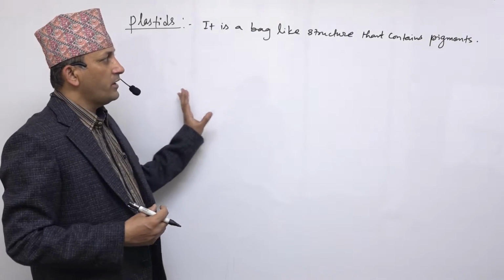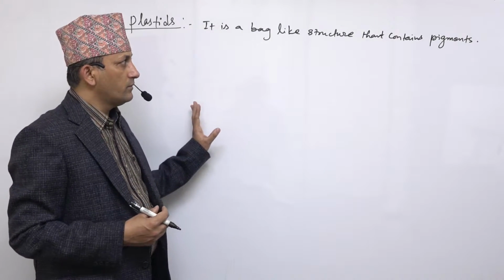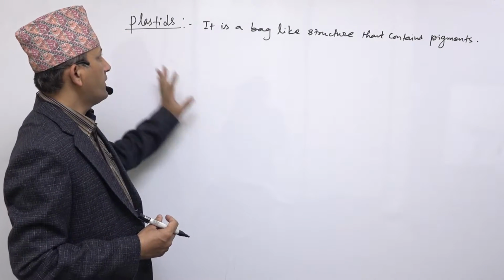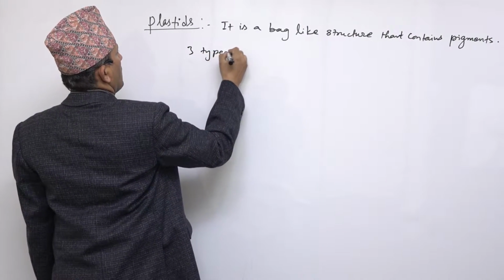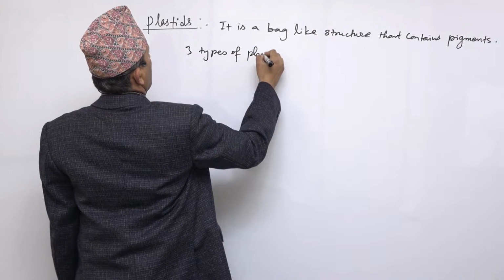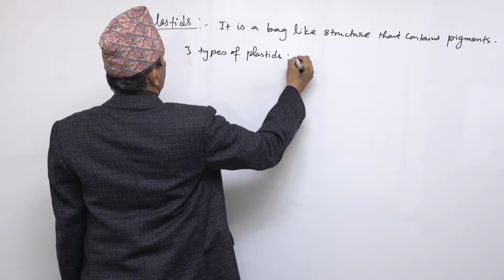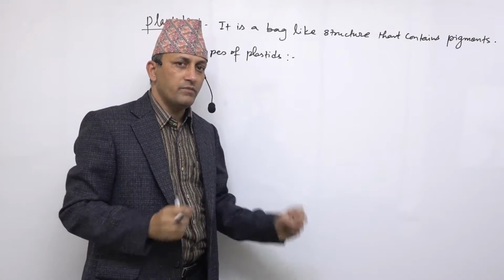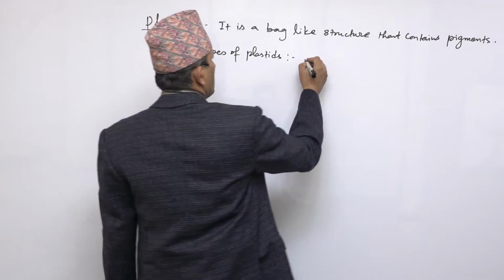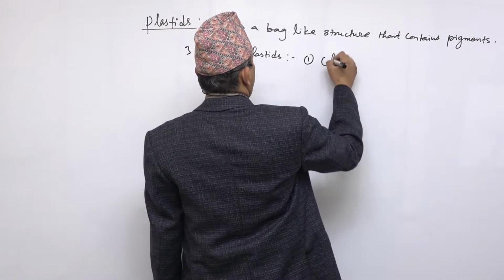Depending on the different type of pigment stored inside it, there are basically three different types of plastids, based on the color stored inside this bag. One very common is chloroplast.